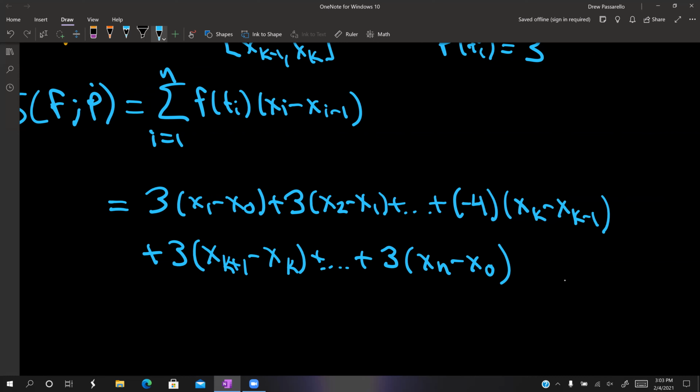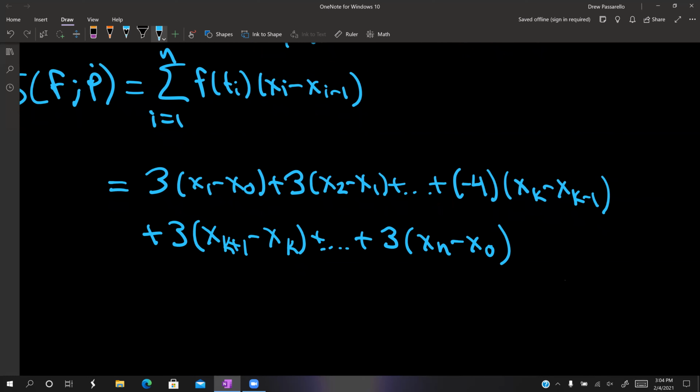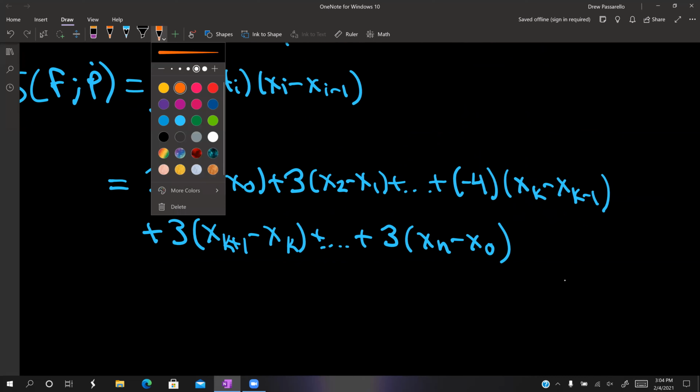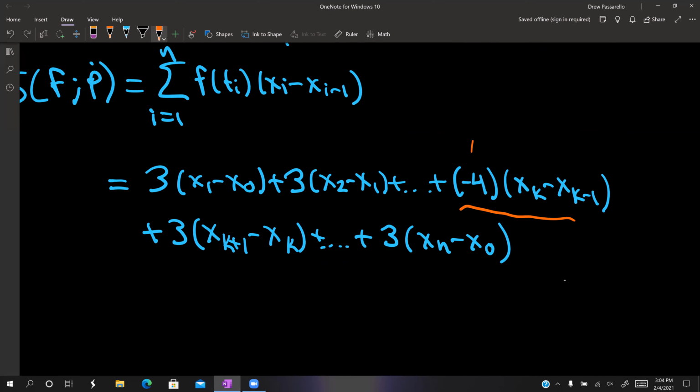All right, so how am I going to find this particular sum? We know that if this spot right here was a 3, the sum would be 6.